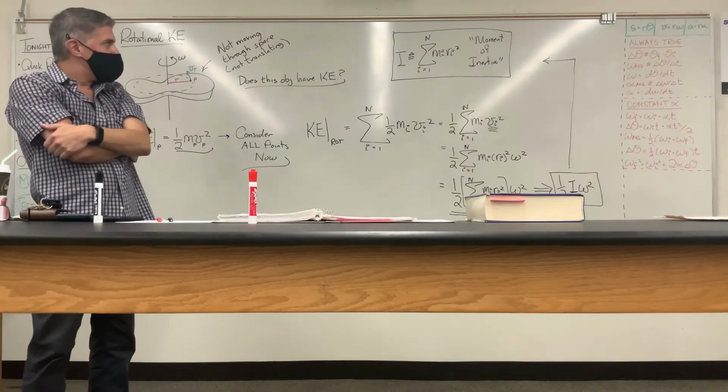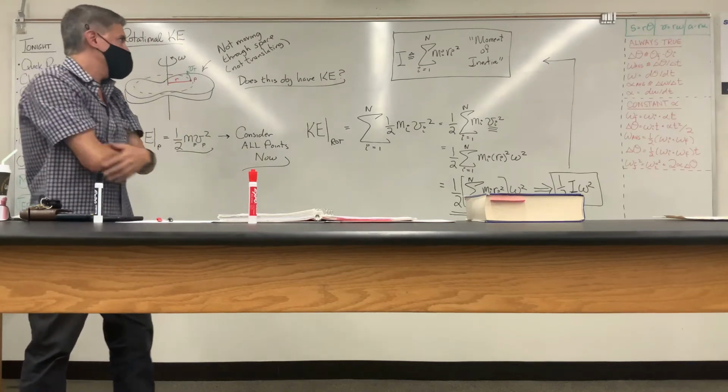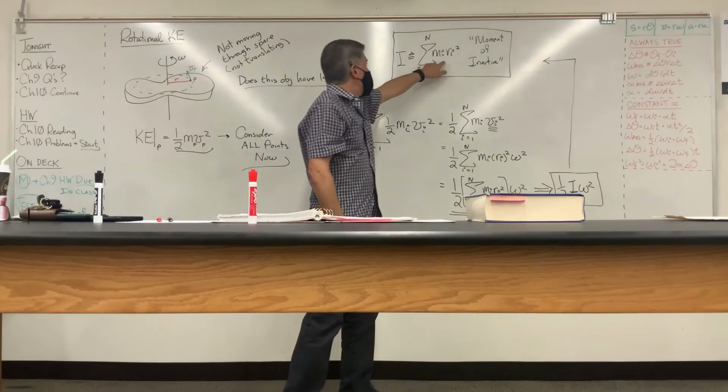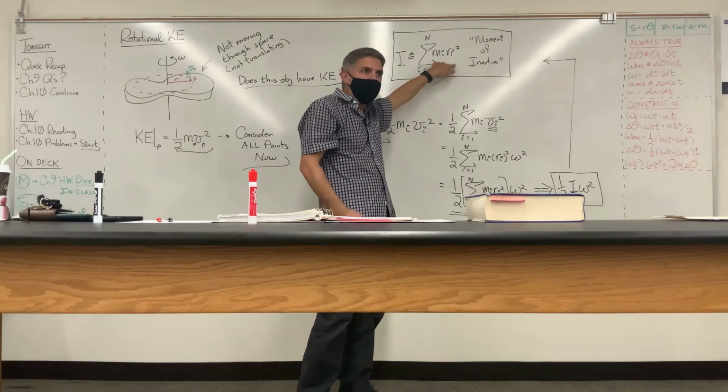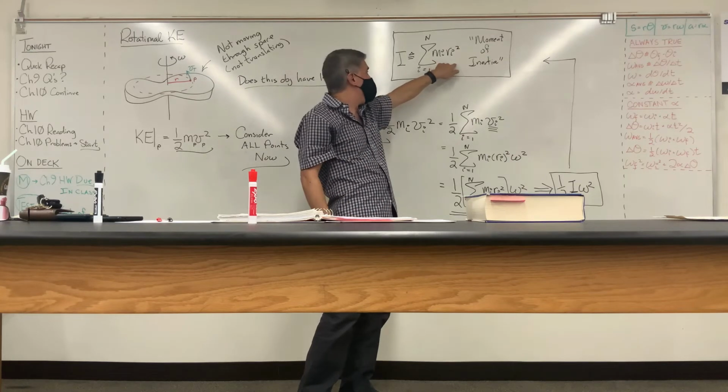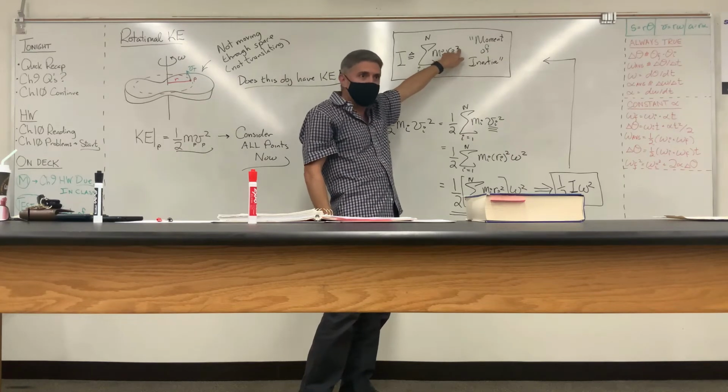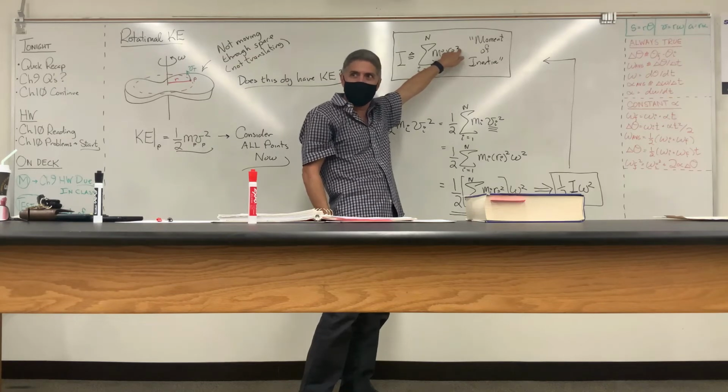But when it comes to rotational considerations, the distribution of the mass about the axis of rotation matters a lot. It doesn't just matter a lot. It matters a lot because this radius, this distance from the axis of rotation, is squared.